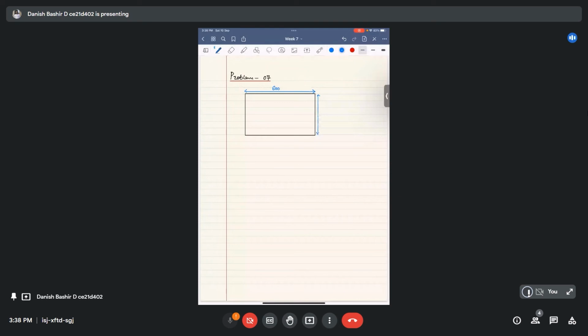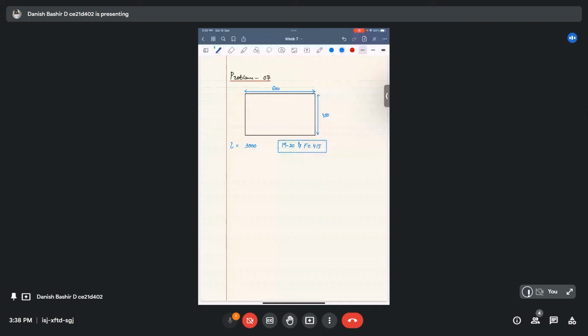We will be writing every dimension in mm, so there is no need to write the units. 450 mm, and it has an unsupported length, Lu, of 3 meters, which is 3000 mm. And we have to use M20 and Fe415.